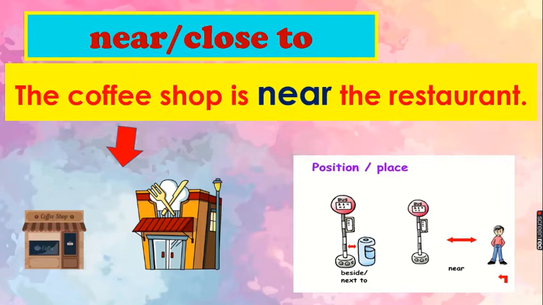Is your house near the lake? Or far from the lake? Is your house near the supermarket or far from the supermarket? Is your house near our school or far from our school?